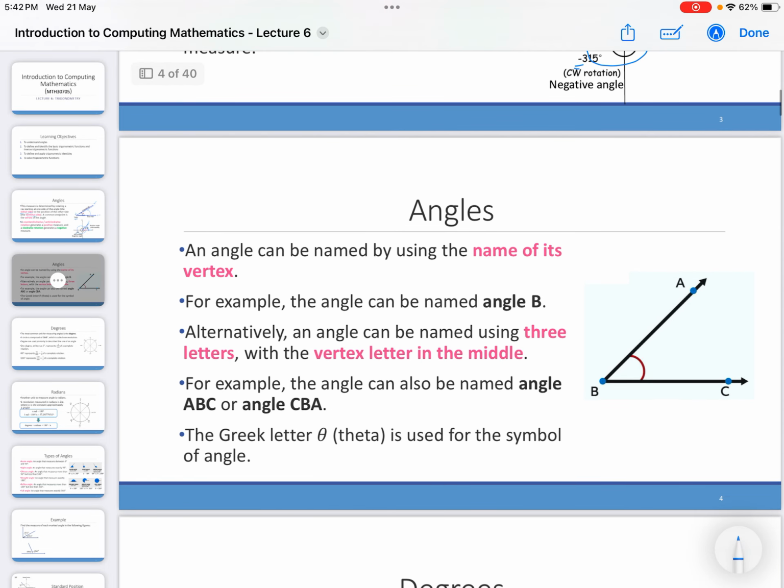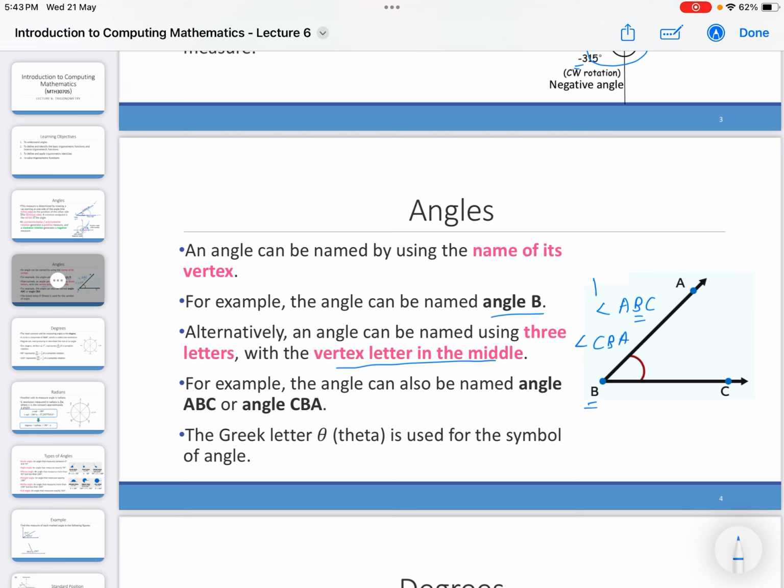Okay, and then an angle can be named by using the name of its vertex. So let's say over here the vertex is B. So we can say this one is angle B. Or alternatively, we can use three letters, where the vertex letter is in the middle. So we can say angle ABC, with the vertex in the middle, or angle CBA.